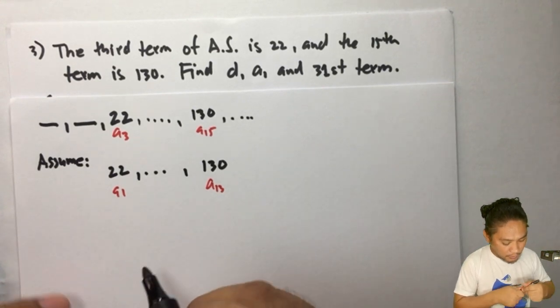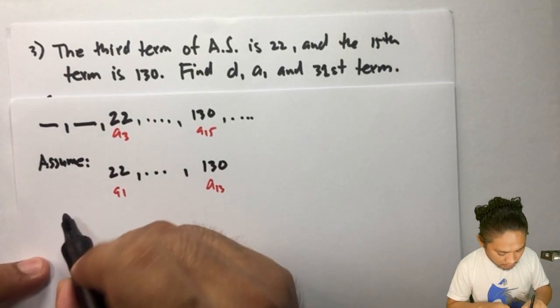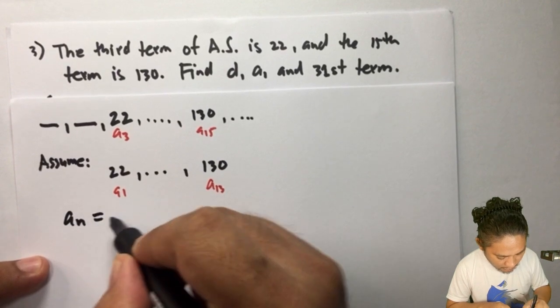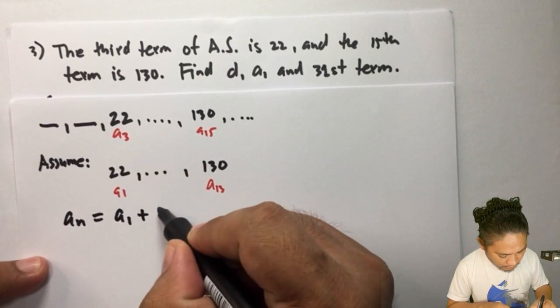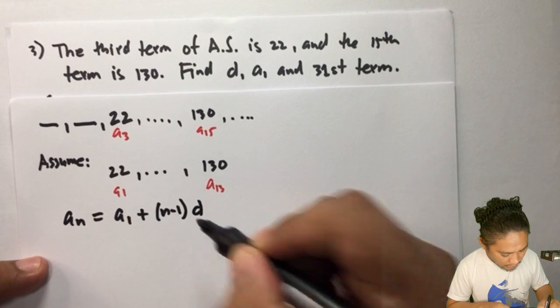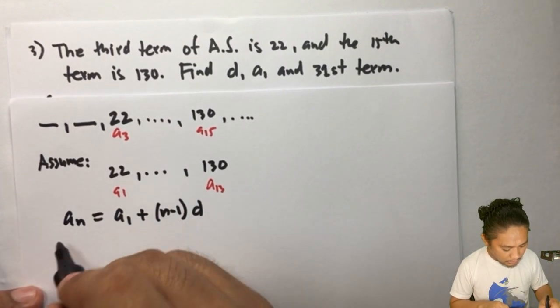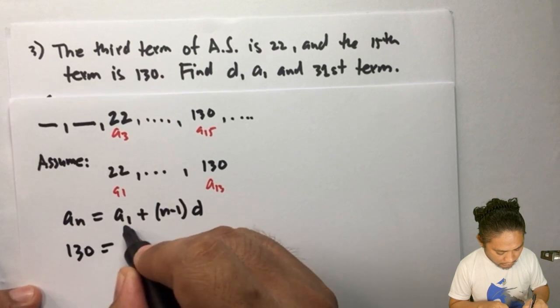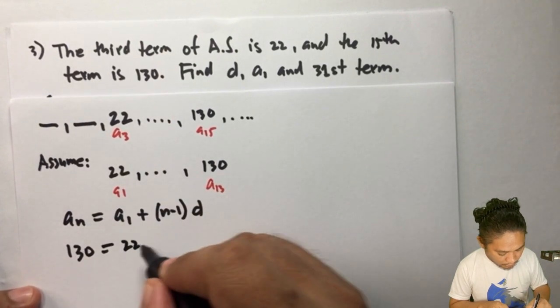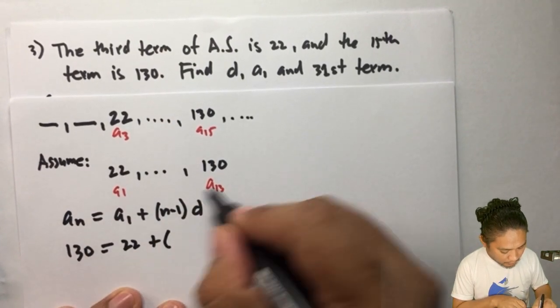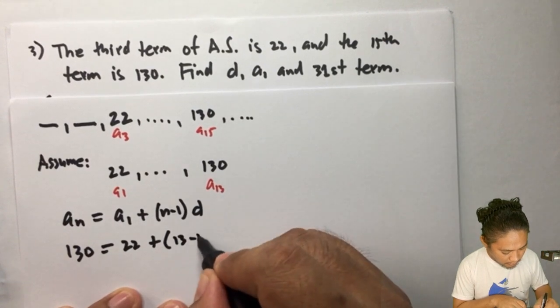From this, we can now determine our d by using the general formula: a sub n equals a sub 1 plus n minus 1 times d. Now, using our 130 as the 13th term, and our first term here is 22, and of course our n here is 13 minus 1.